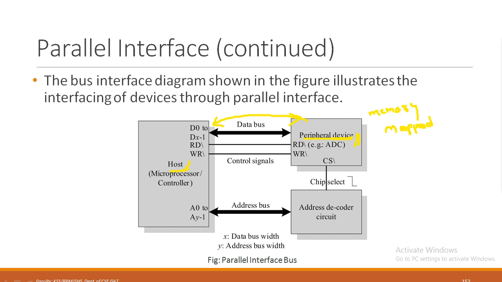The addresses used for addressing RAM are used to address peripheral devices also. What instructions are used for RAM, the same instruction set is used for the device also. That is what happens in this parallel interface: the device is normally mapped to the host processor by memory.